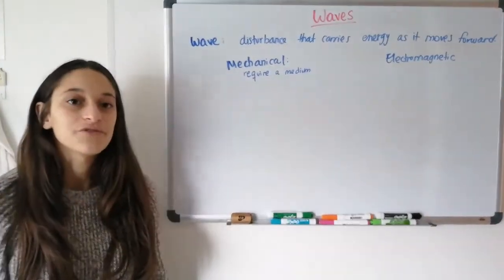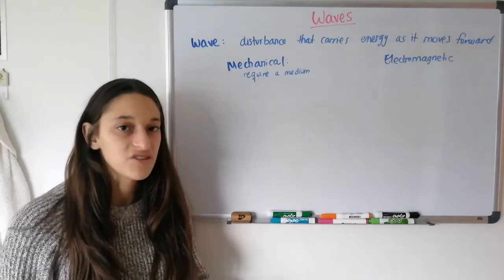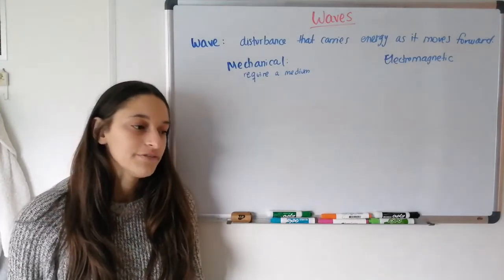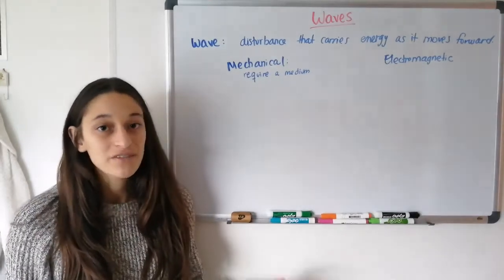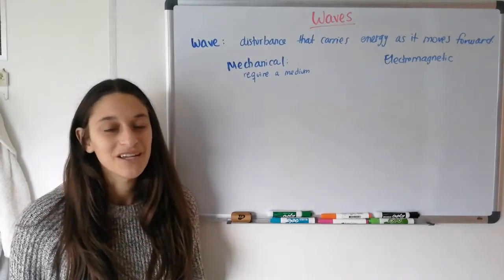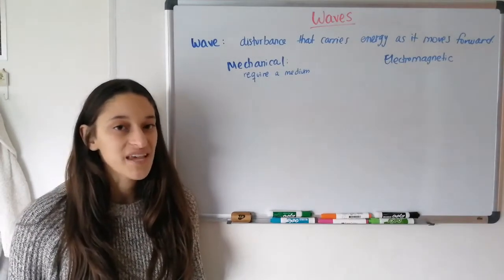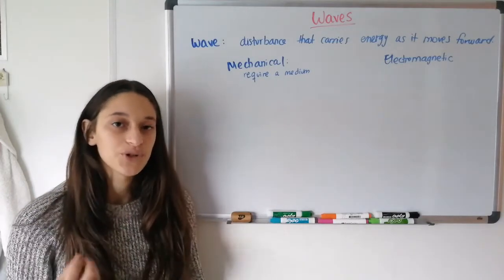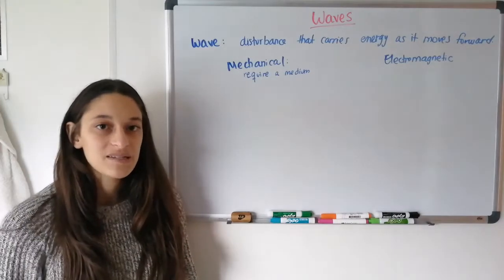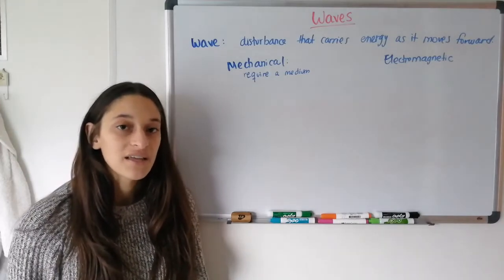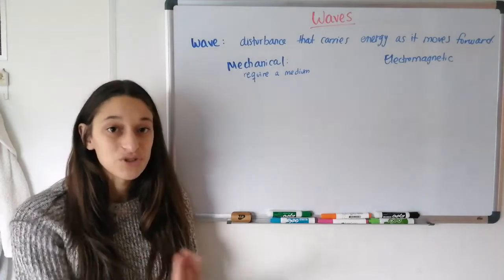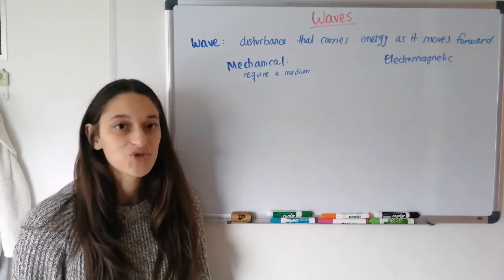So what that means is, for example, if you have waves in the ocean, if you take away the ocean, there are no longer any waves. If you have a wave on a string, if you take away the string, you don't have any waves. Sound requires air or something to vibrate in order to move through space. So if you take away the air, like in space in a vacuum, there won't be any sound traveling, so there won't be any waves traveling.